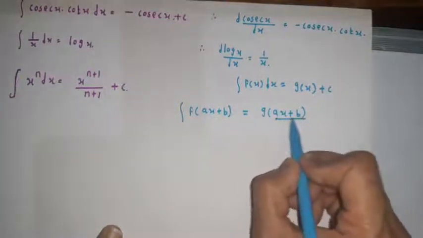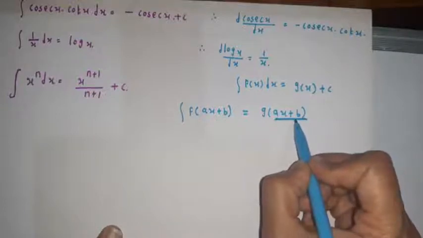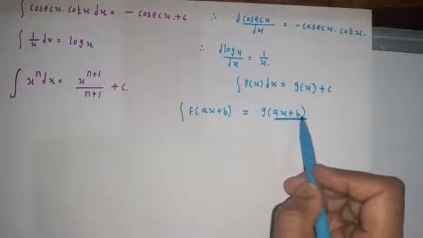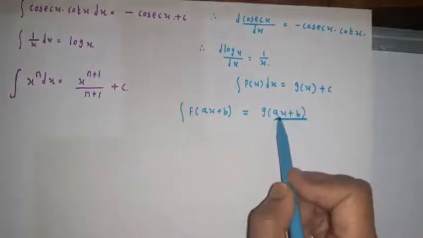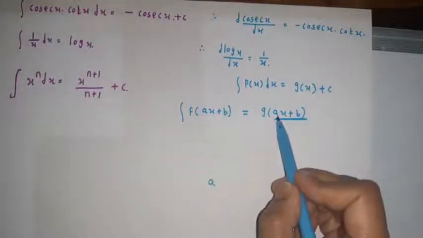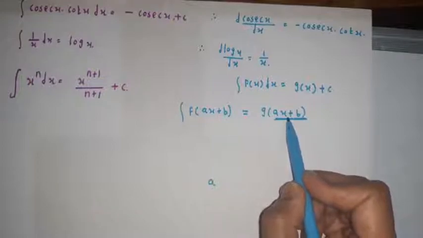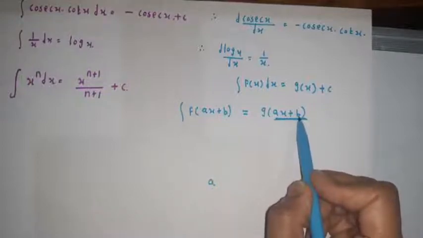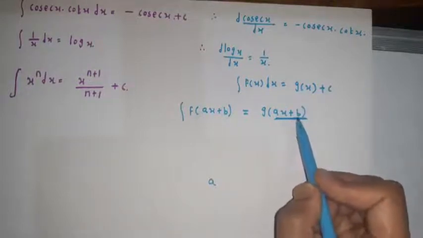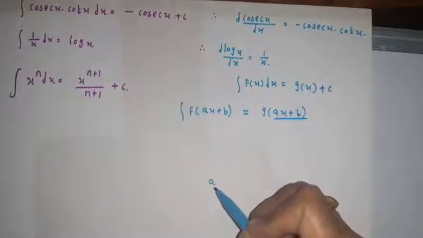But see students, here this ax plus b is again a differentiable function, and that's why differentiation of ax plus b, we know that the differentiation of ax plus b is a, because a is constant, differentiation of x with respect to x is 1 and differentiation of b is constant. Okay, so here ax plus b is a differentiable function and its differentiation is a.